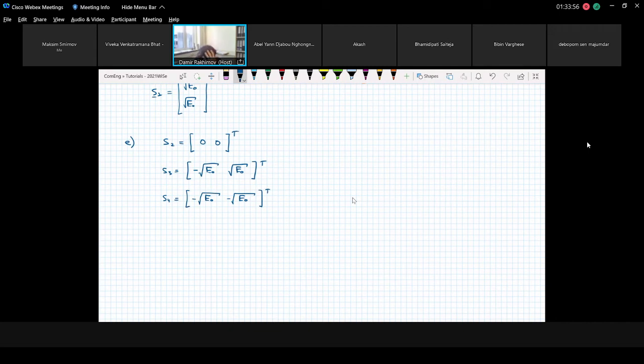The last signal is S5, given by square root of E0, minus square root of E0 transpose. Actually we have 5 signals, and we need to draw the signal space of all these signals.